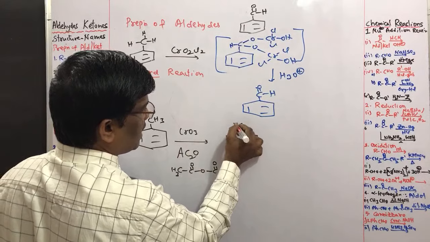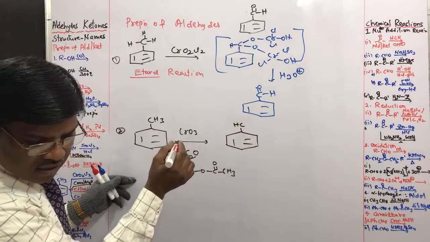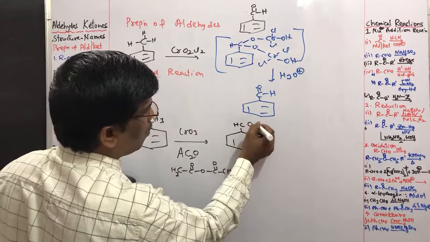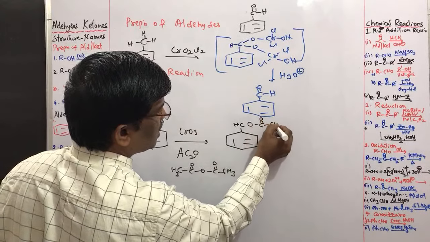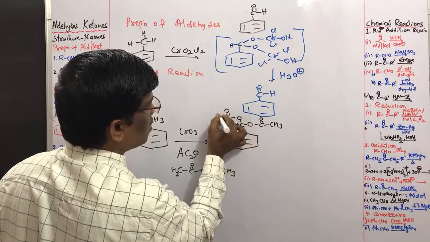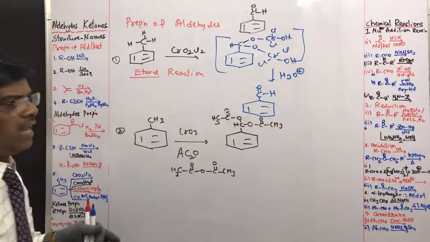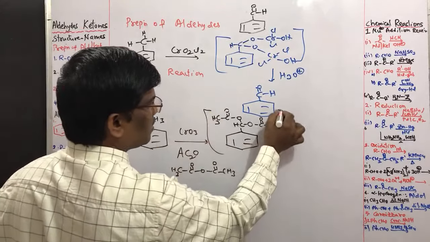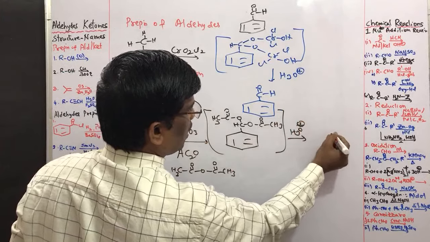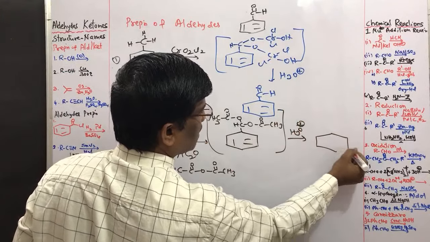And you may be asked the intermediate also: the benzylidene diacetate, with two OCOCH3 groups. This intermediate is going to hydrolyze upon acid hydrolysis to give benzaldehyde.